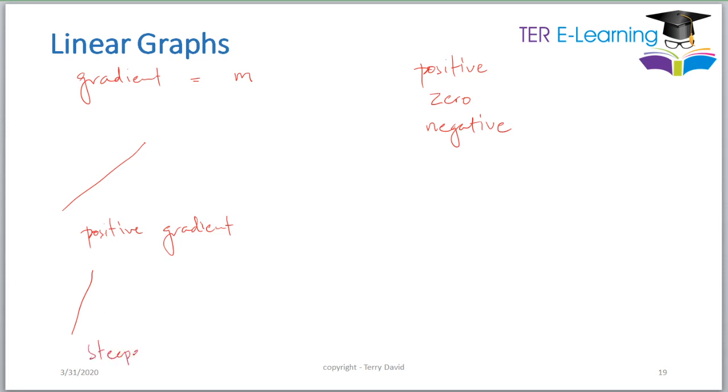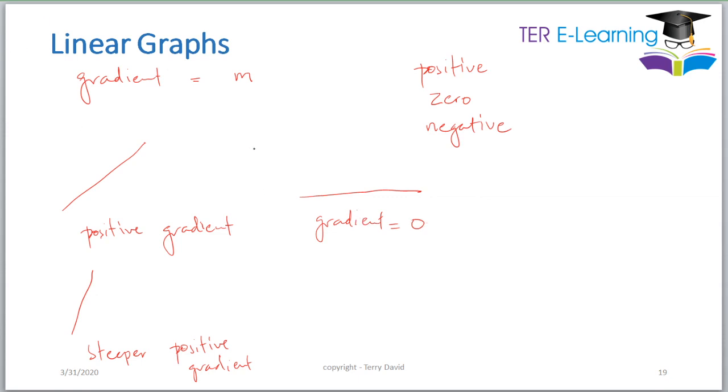So this is a steeper positive gradient. All right. Now, if we have a horizontal line, a line that looks like this, the gradient of this line is 0. So the gradient is equal to 0. Right?